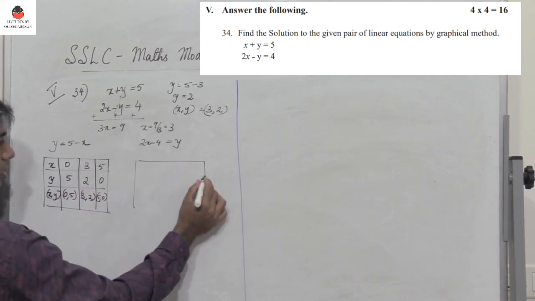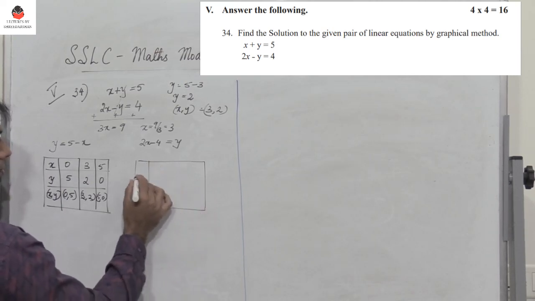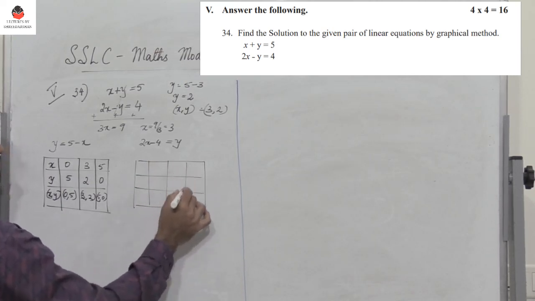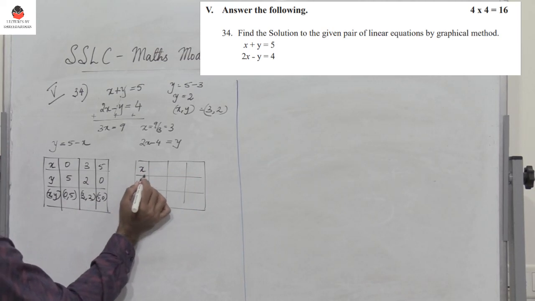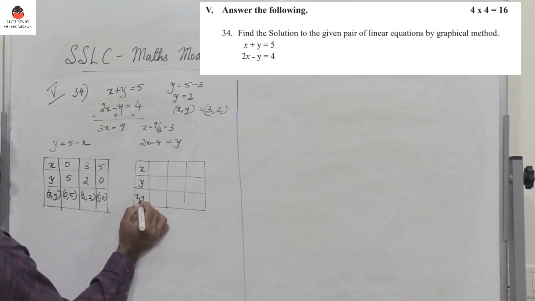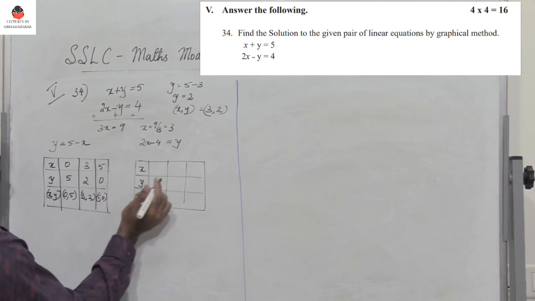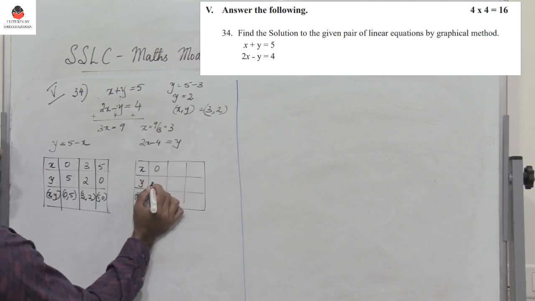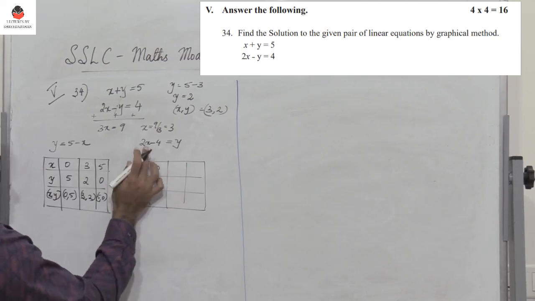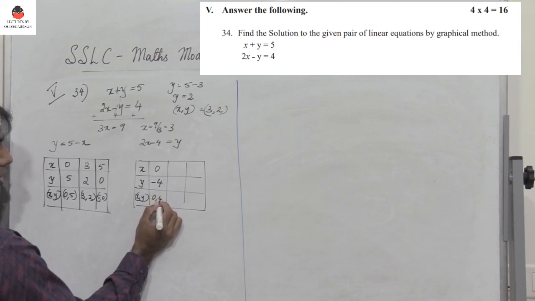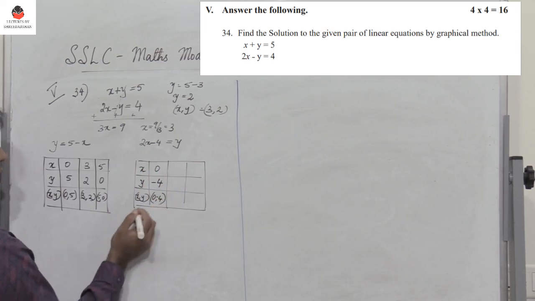Similarly, I have another table. Alright, so I have x, y, the point x comma y. Right, so if x is 0, y is minus 4. So I put x equal to 0, I get y is minus 4. So it is 0 comma minus 4.